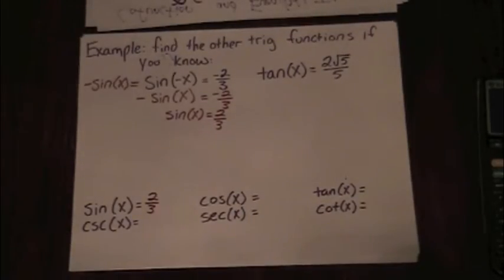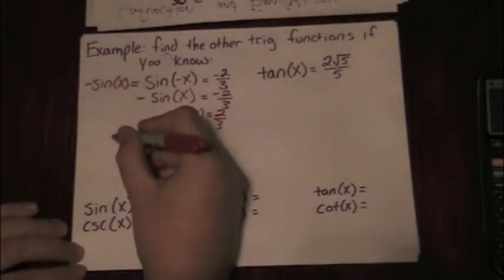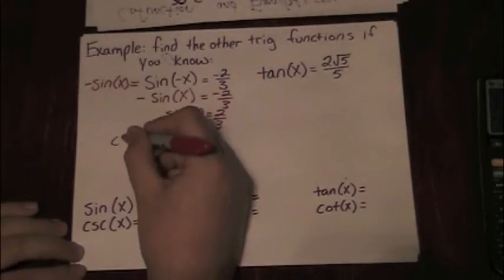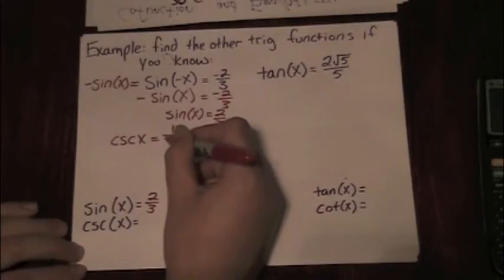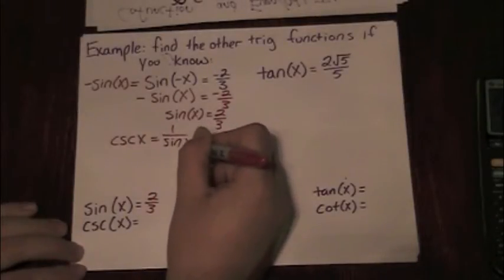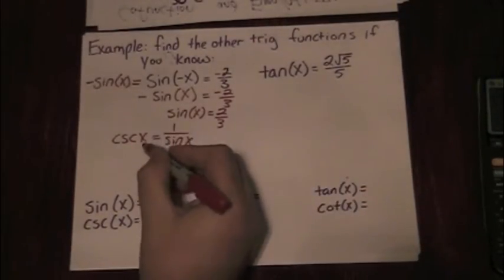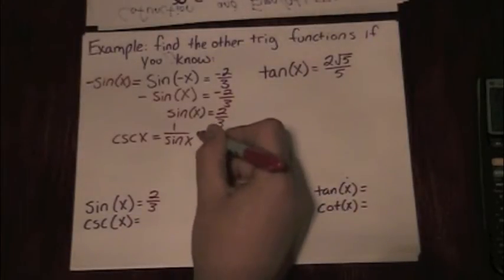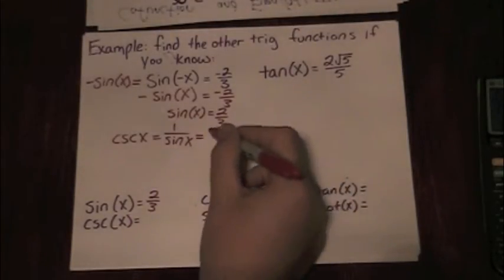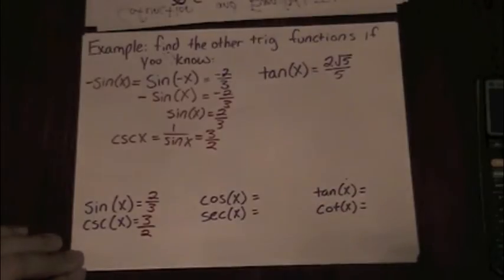Based on sine, I can also pretty quickly figure out cosecant, because I know that cosecant of an angle equals 1 over the sine of that angle. Cool. If cosecant of an angle equals the reciprocal of sine of the angle, we know that cosecant equals 3 over 2.